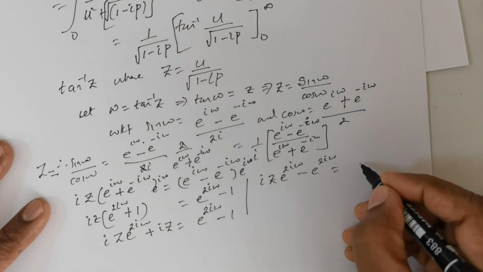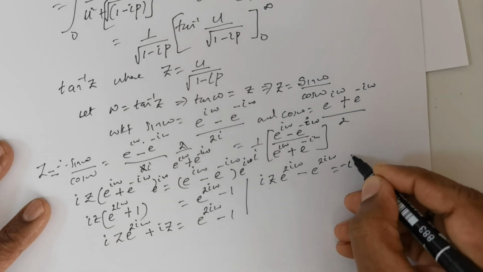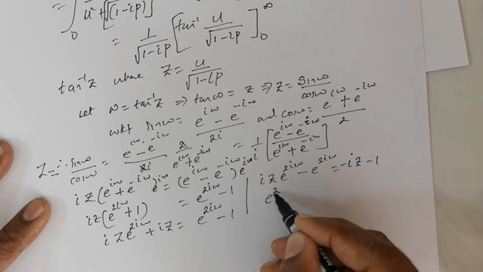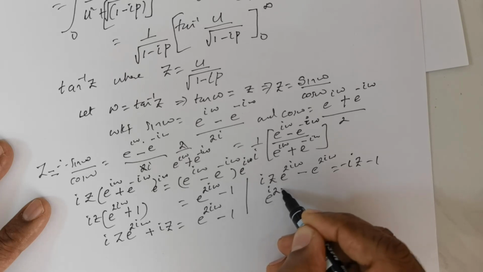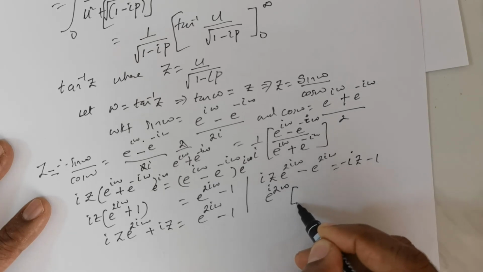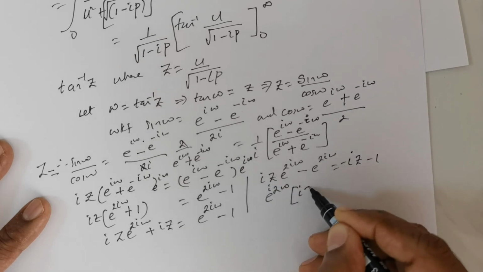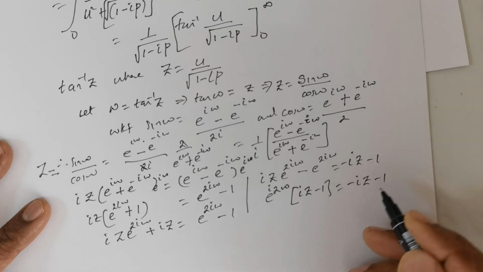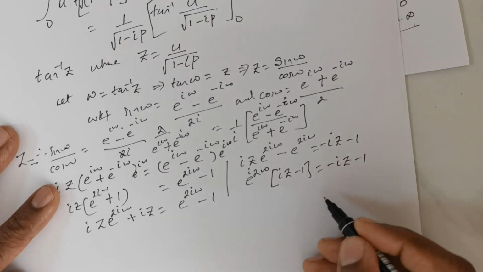So if I take this to the other side, it's going to be negative i times z minus 1. I take e raised to the power of 2 times i omega, so let me rewrite this as e raised to the power of i times 2 omega taken out. This is going to be i times z minus 1 is equal to negative i times z minus 1. So this is what I've got.